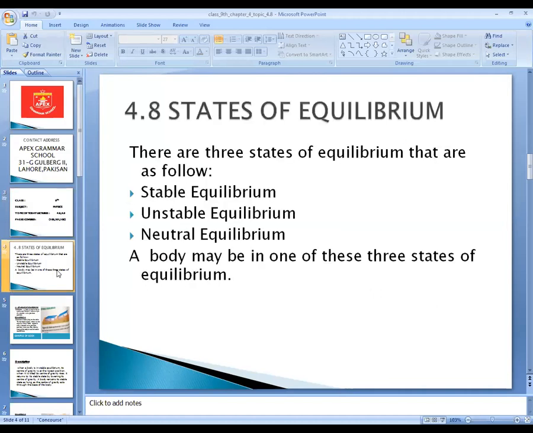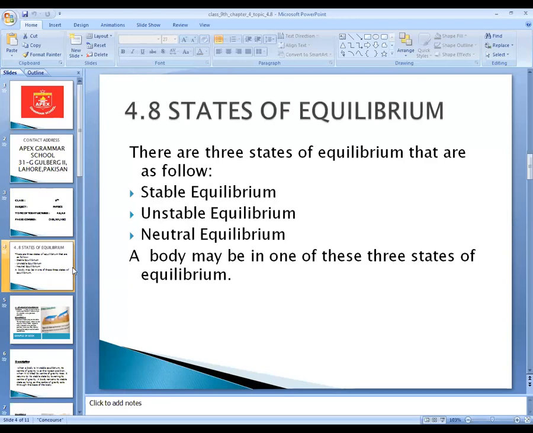We discussed topic 4.8, which is states of equilibrium. In my last lecture, we discussed conditions of equilibrium: the first condition of equilibrium and the second condition of equilibrium. But in this topic, we discussed states of equilibrium. You can say today's topic is the continuation of the last topic.